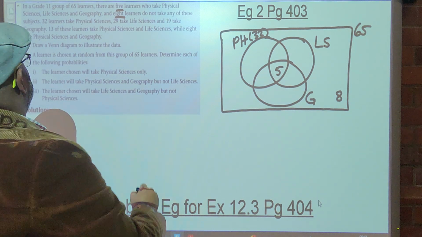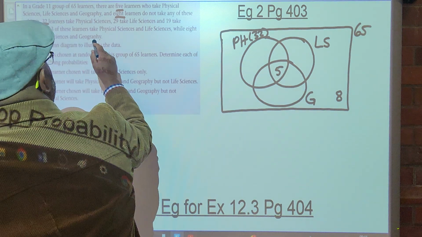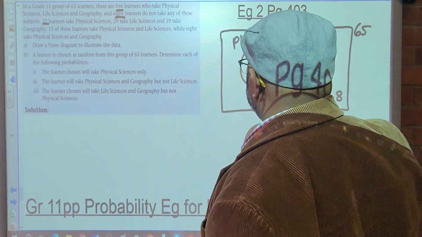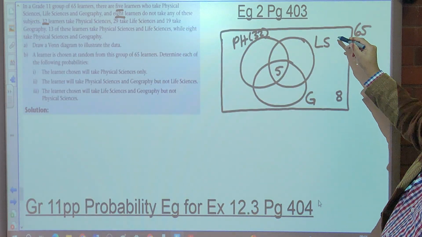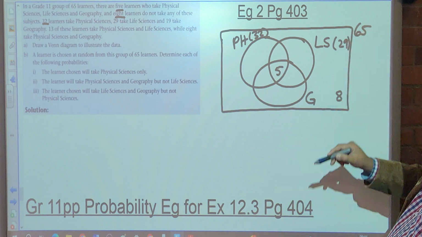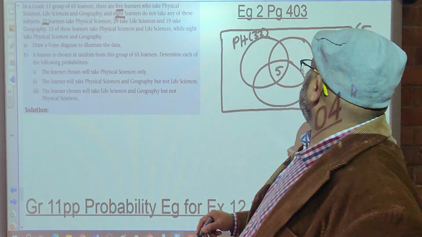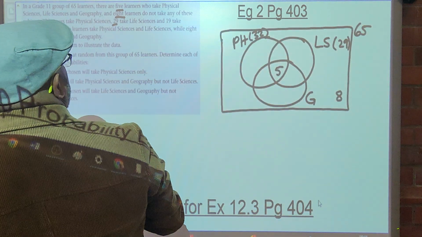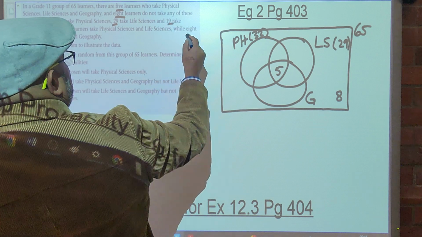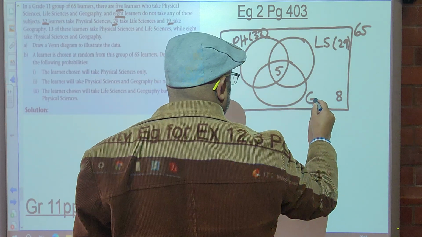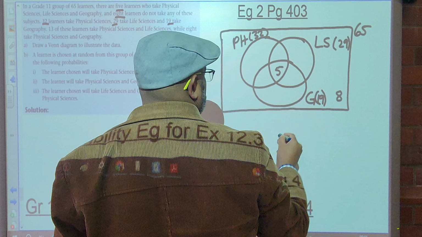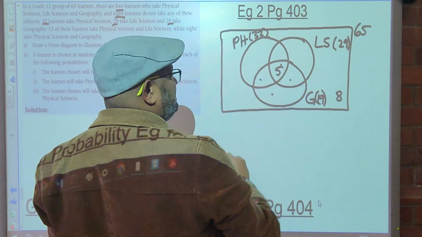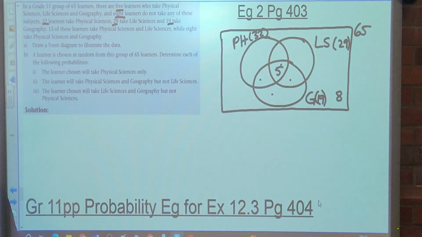Right, so 32 learners take physical science. 29 take life science. Where did 29 go? Next to life science. 19 take geography. That means this plus that plus that plus that adds up to 19.